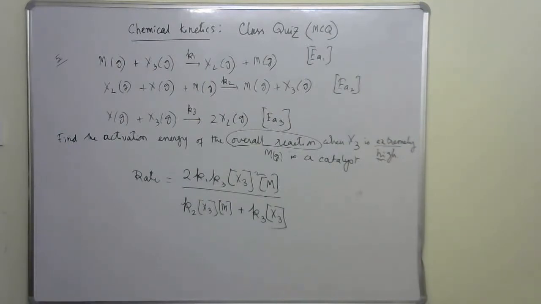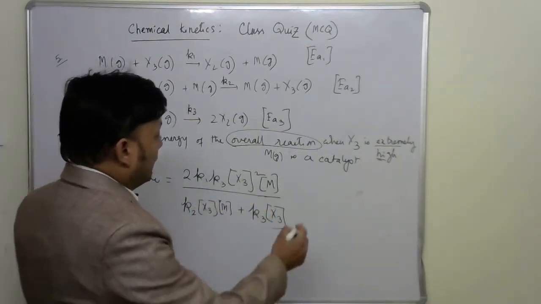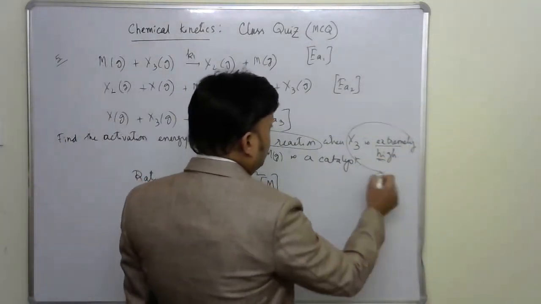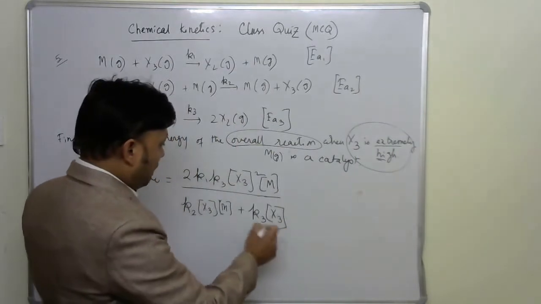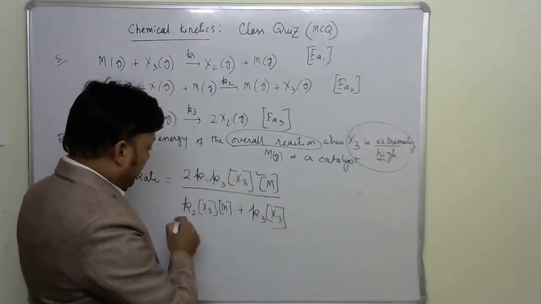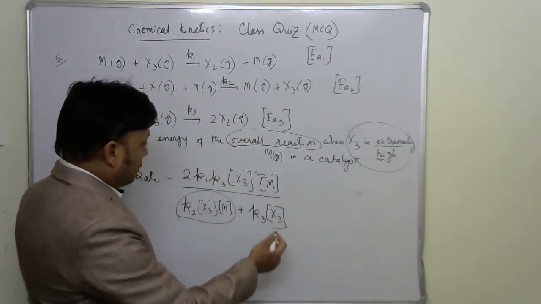If you do all these things correctly, then this should be the final expression, and then you apply that when x3 is extremely high. When x3 is extremely high, we can neglect this term with respect to k3 x3.